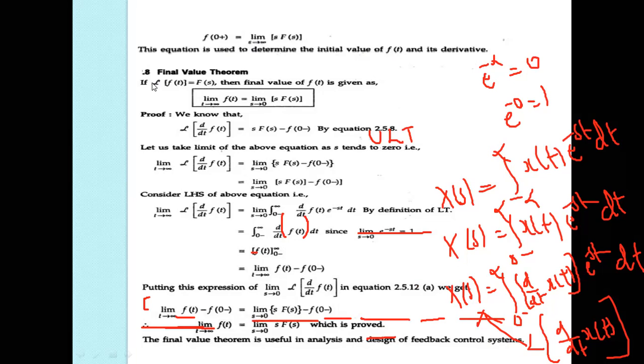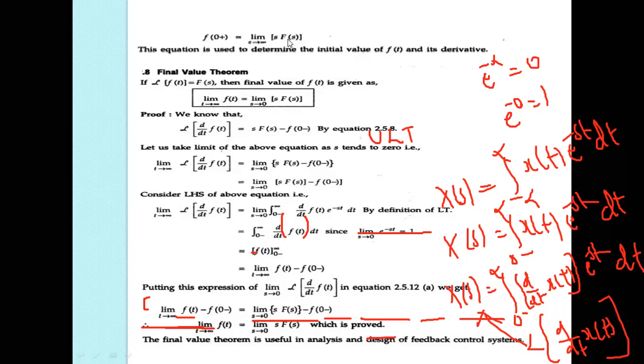Then coming to the eighth property, the final value theorem. In the initial value theorem, the time domain is t is equal to 0 plus, and the frequency domain is s tends to infinite. Now the final value theorem is the reverse. The limitation is for limit t tends to infinite f of t is equal to limit s tends to 0 s into f of s.